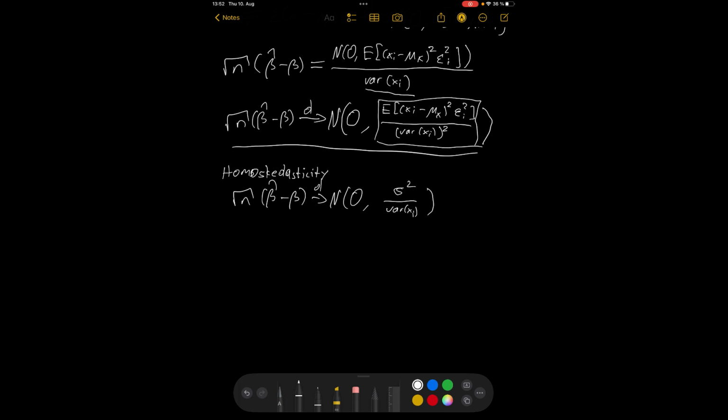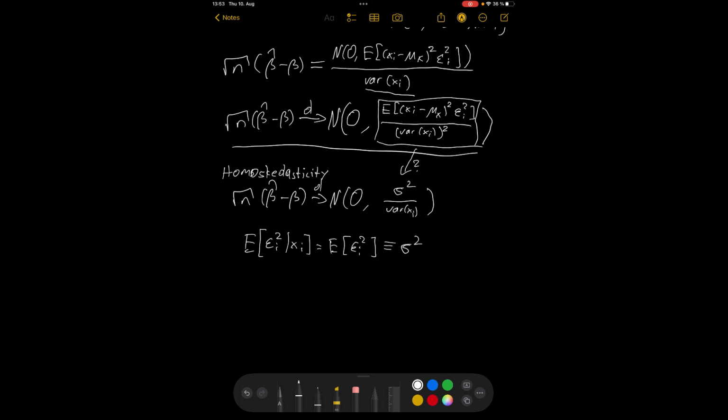How do we go from here to here? Well, it's quite straightforward. The assumption that we use is that the expected value of epsilon i squared given xi is equal to the unconditional expectation of epsilon i squared. So knowing x doesn't tell us anything about the variance of epsilon, so to say. And that we denote with sigma squared.